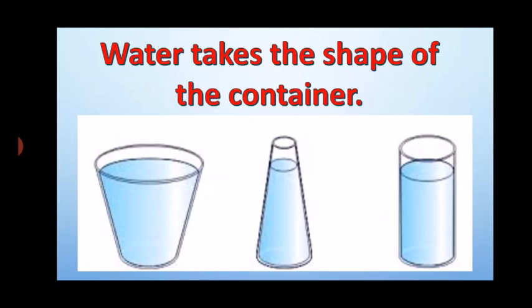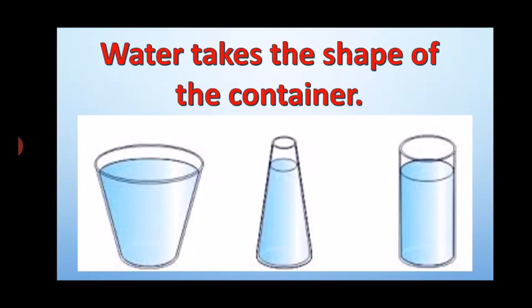Have you eaten a cone ice cream? So ice cream cones look like this. And the third is like a cylinder. Have you seen the gas cylinder in your homes? So this is like a long cylinder.